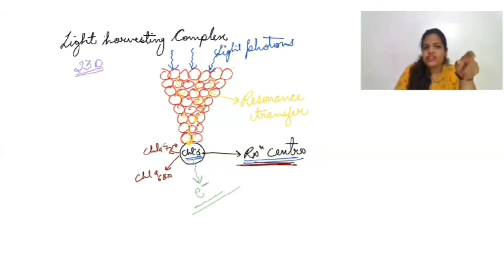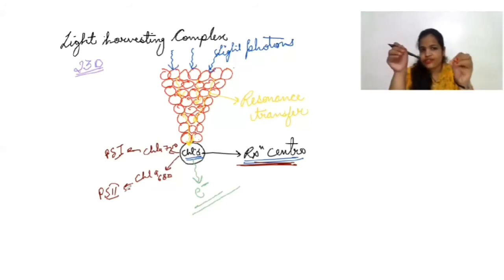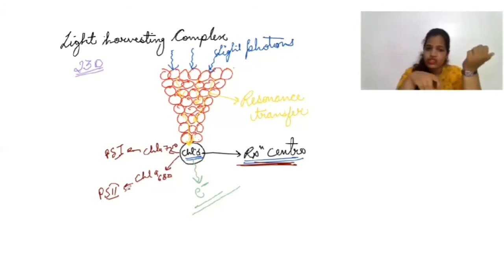One is photosystem 1, which has chlorophyll A 700, and another one is photosystem 2, which has chlorophyll A that absorbs photons of light of wavelength 680 nanometer. We need to have a small amount of knowledge about these photosystems, because one of them is absorbing the wavelength above 680 nanometer and one is absorbing the wavelength below 680 nanometer.